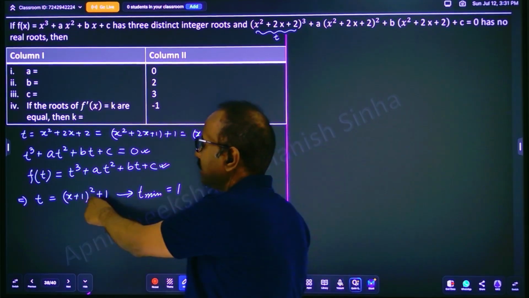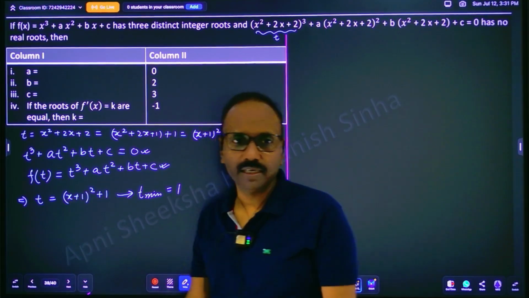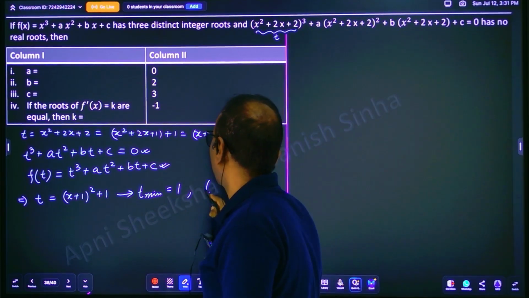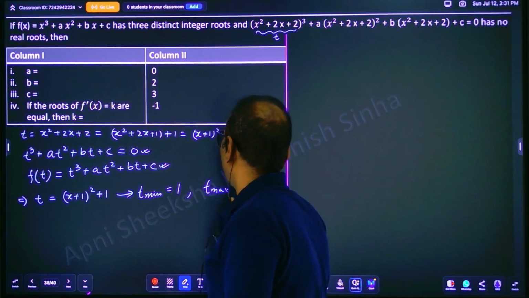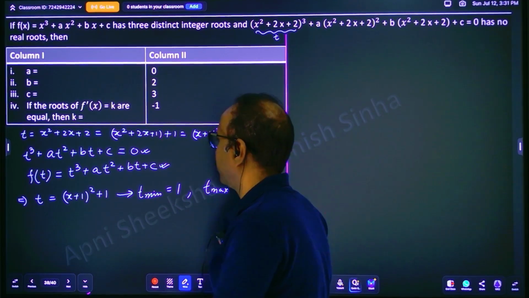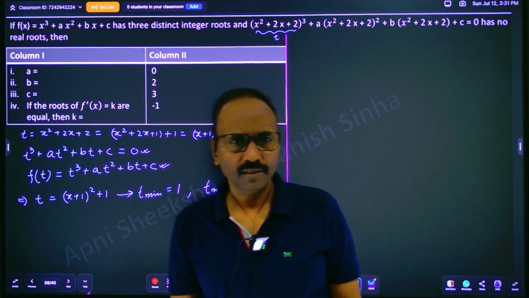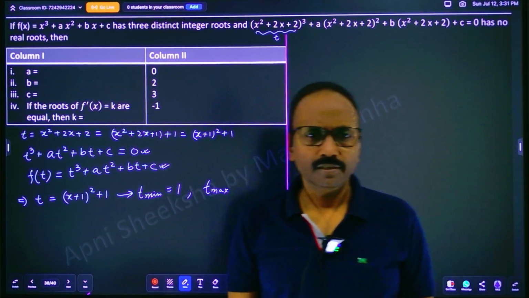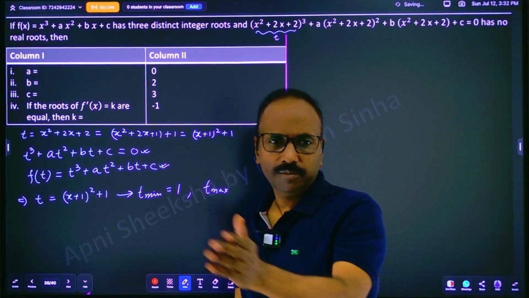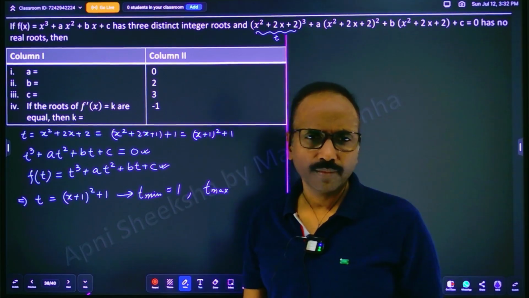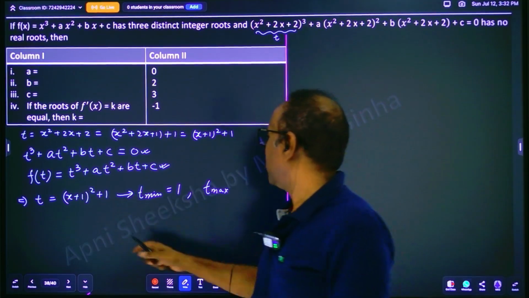But when will it become 0? When x is equal to minus 1. And what will be the maximum value of t? Keep on increasing x from negative side to positive side till infinity. So it will tend to infinity.